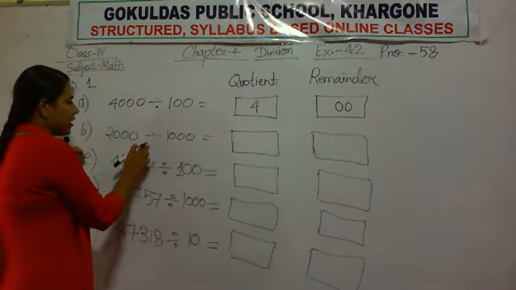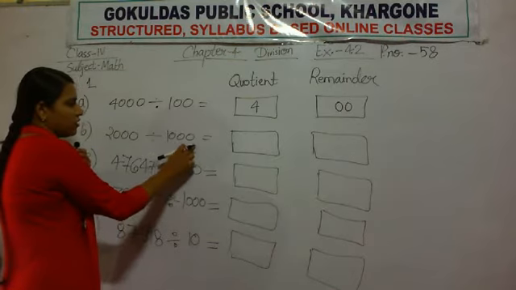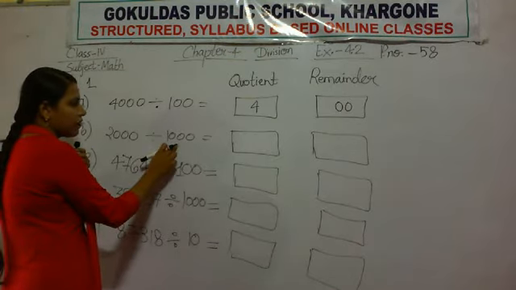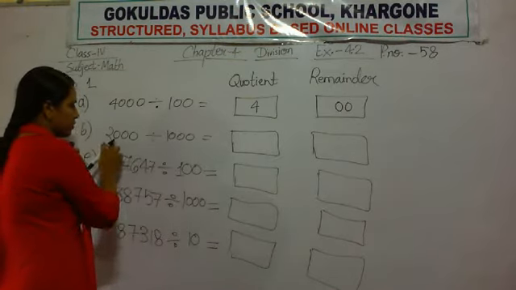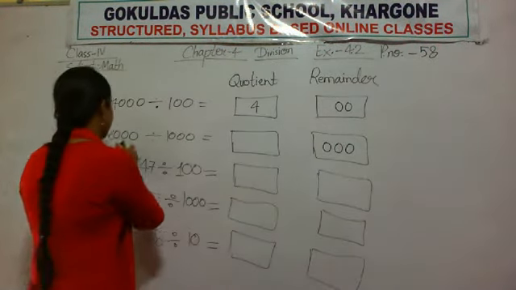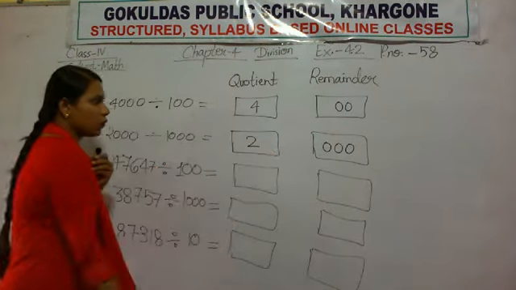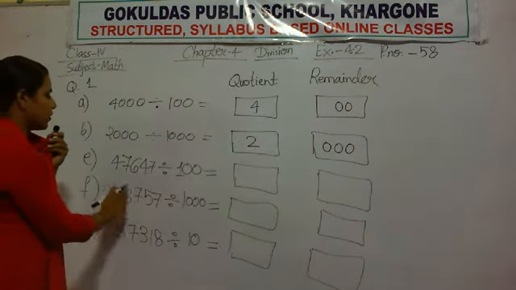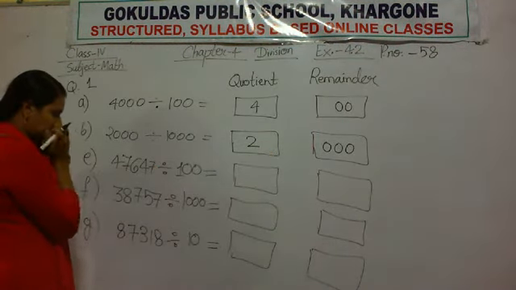And if you are dividing 2000 by 1000, then your remainder will be the last 3 digits, and your quotient will be 2, right? Okay, observe here.